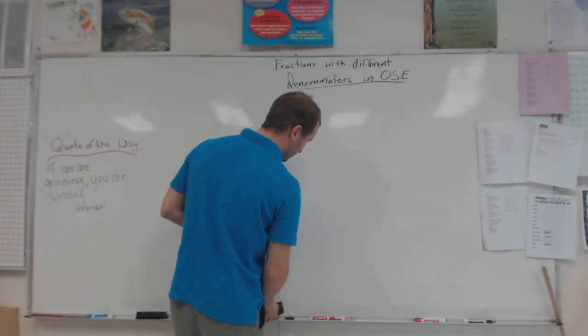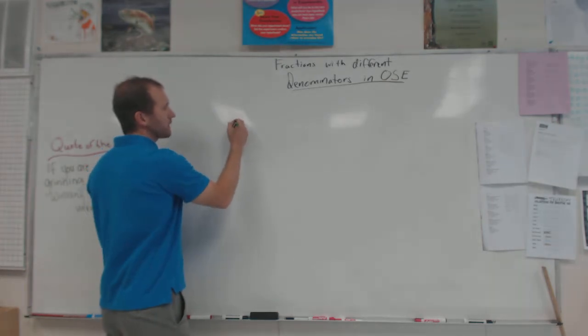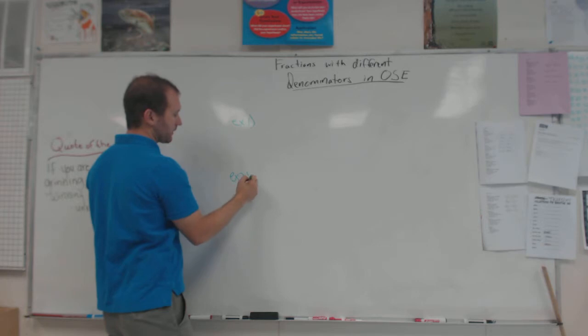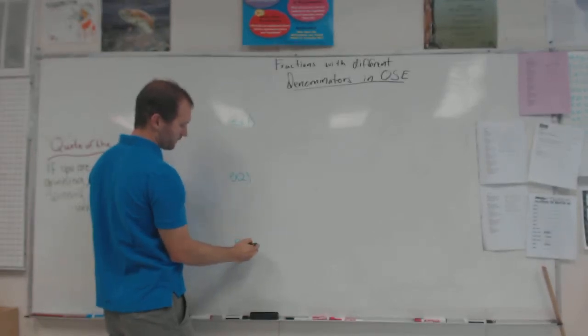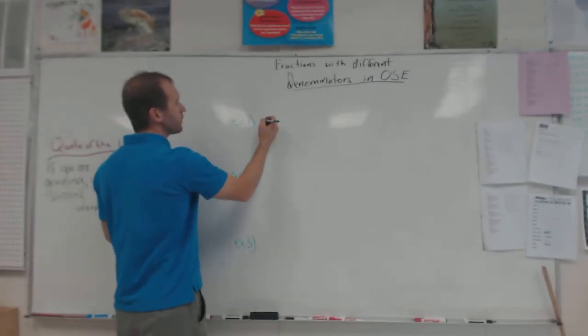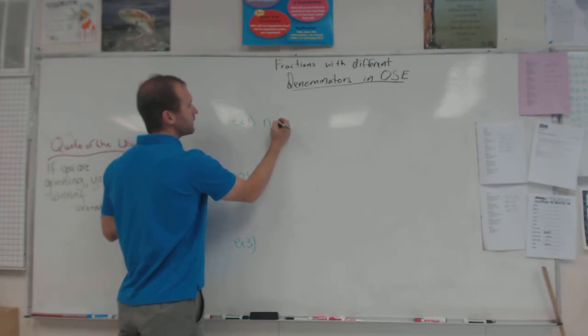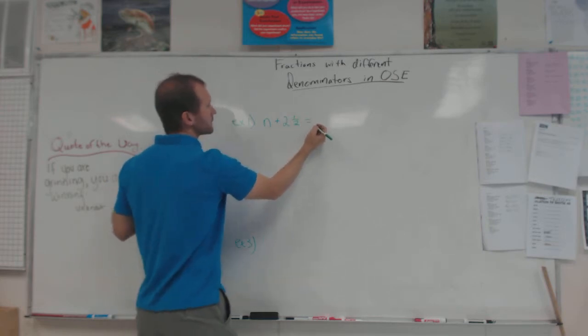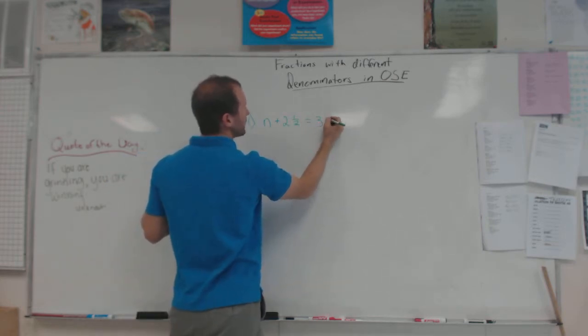I want to do a couple examples like Shelby said, because right now you're thinking, oh, it's always multiplied by 2. So let's do some that aren't. Okay, so example 1. What if I had n plus 2 and a half equals 3 and 2/3?